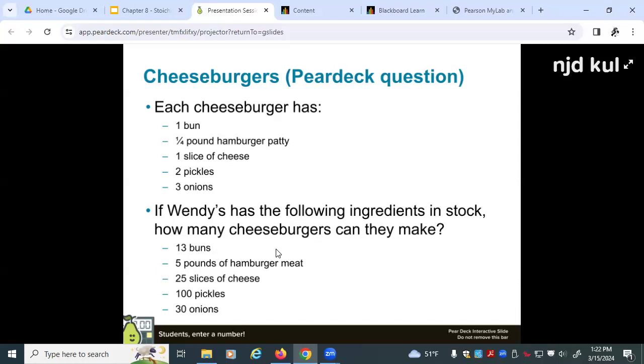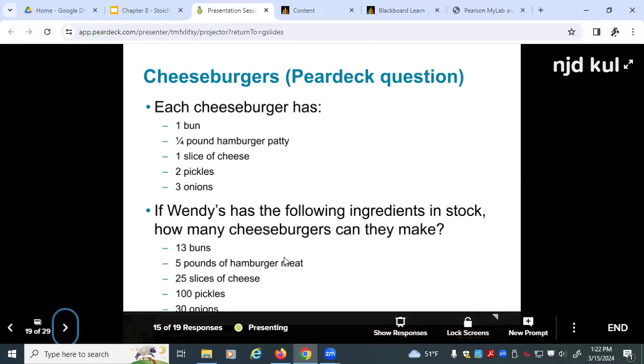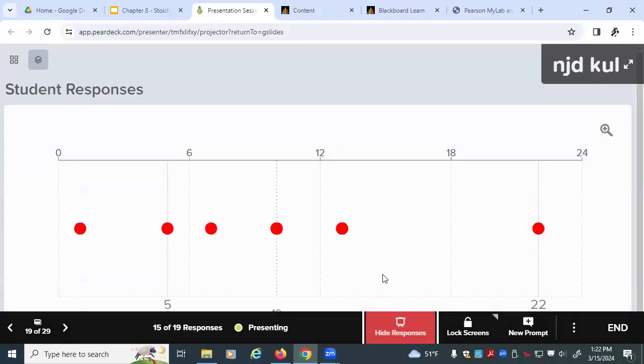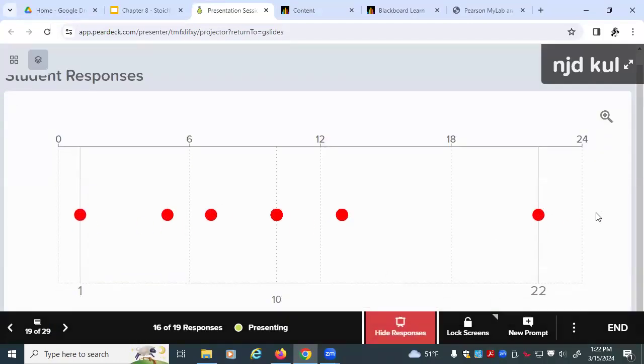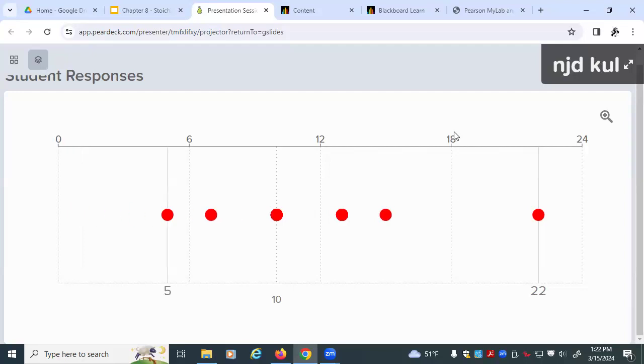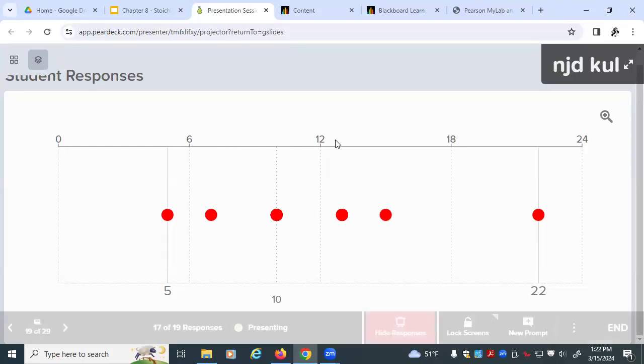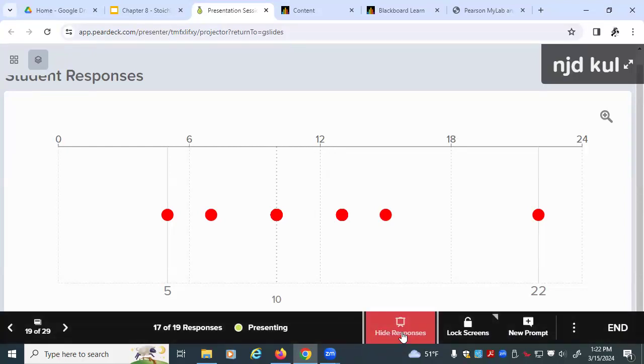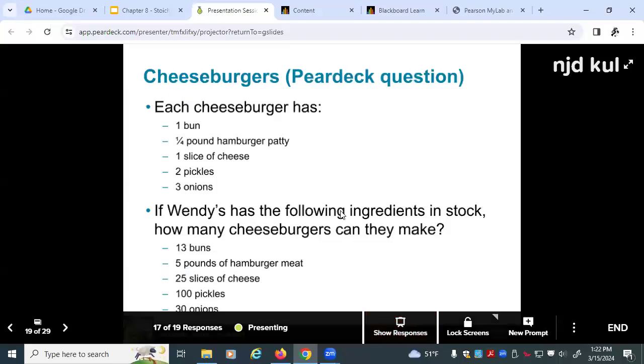Based on what you're thinking, based on what you know, put out your best guess here. Okay. So we've got a lot of different responses.